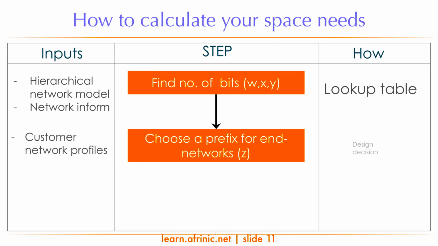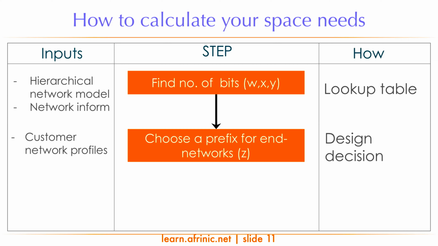This is normally a design decision, and it will depend on customer profiles. And based on these customer profiles, you're going to allocate a specific prefix. So for example, you might decide to give enterprise customers a /48 or home and broadband customers a /56. So this is all a design decision. We'll look at best practices on which prefixes to select for your end networks later on.